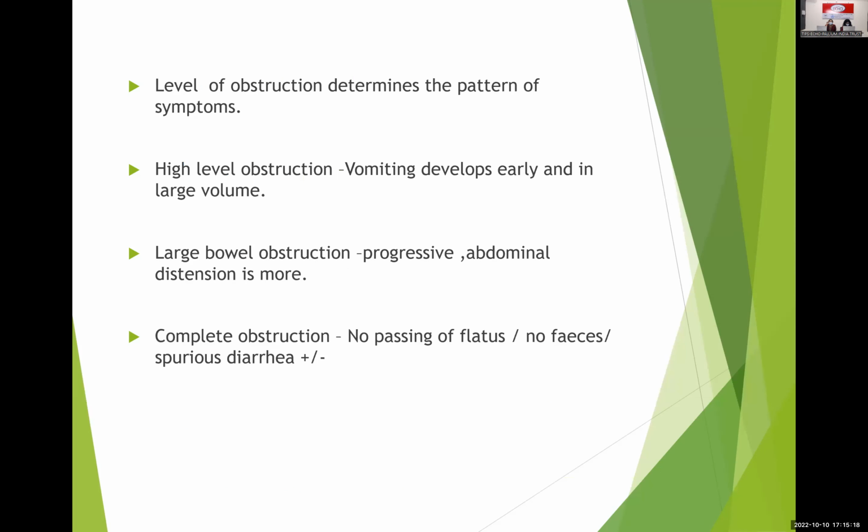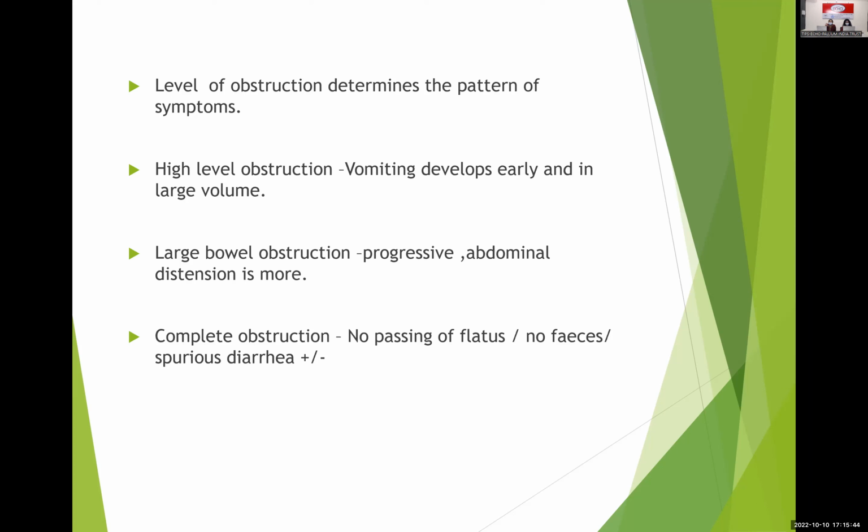So the level of obstruction determines the pattern of symptoms. In high level obstruction, vomiting develops early and in large volume. If the obstruction is at a higher level, the patient will present to you with vomiting in large volume. If the obstruction is at the large bowel, it will be progressive, and abdominal distension will be more.